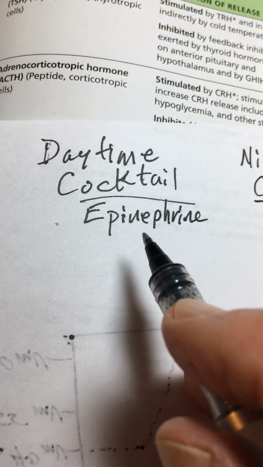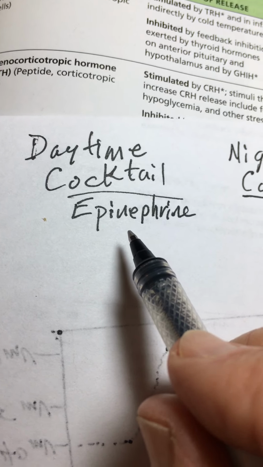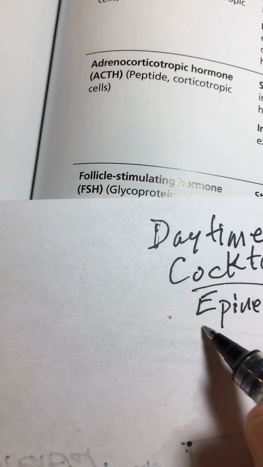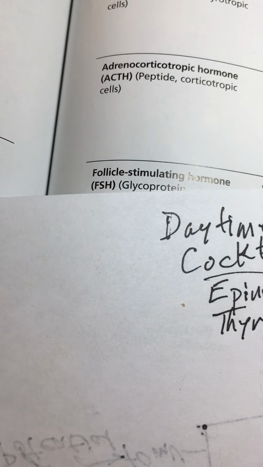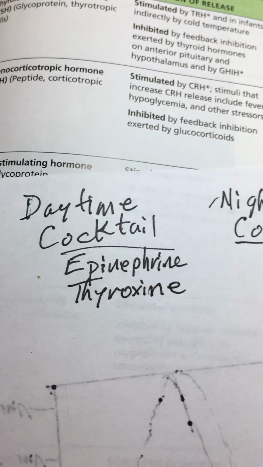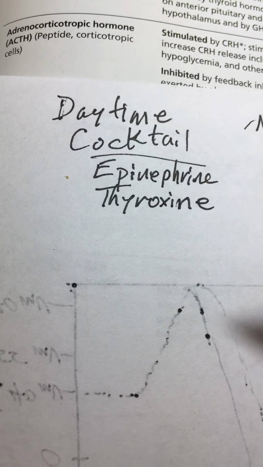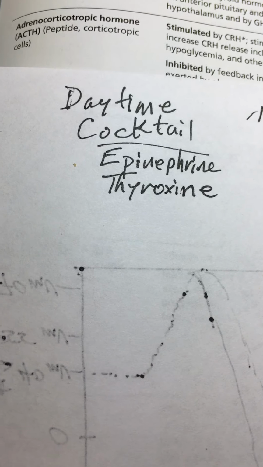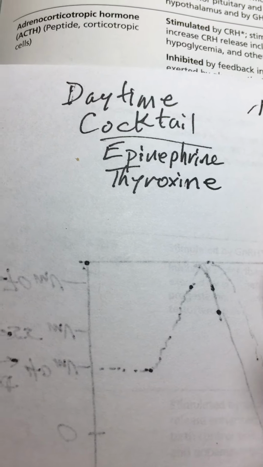The next thing that we need to consider here is that when you do elevate the epinephrine through exercise, you're also increasing thyroxine. As you elevate the epinephrine from the exercise, you eventually conclude your exercise, epinephrine declines, but the thyroxine actually stays elevated to some degree throughout the day and the next night.